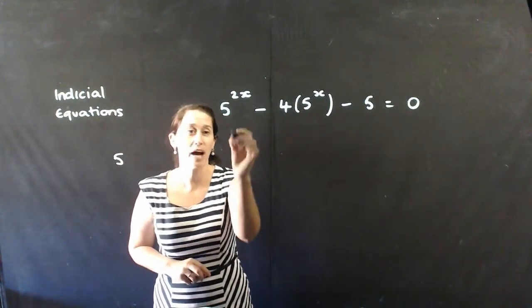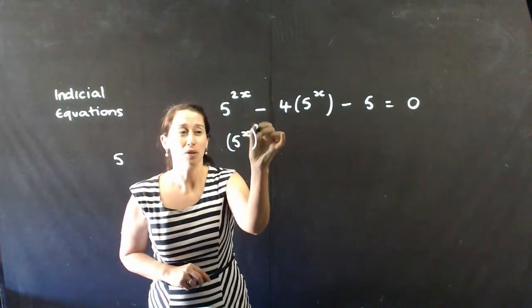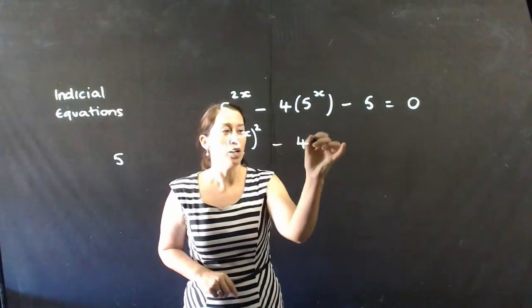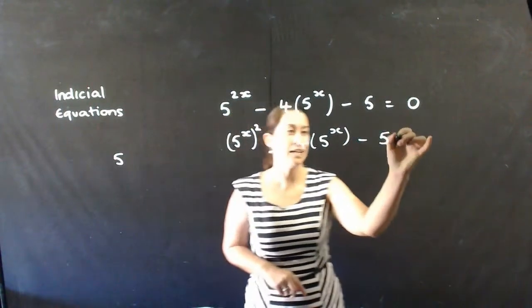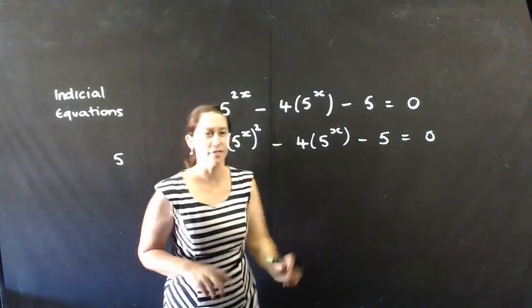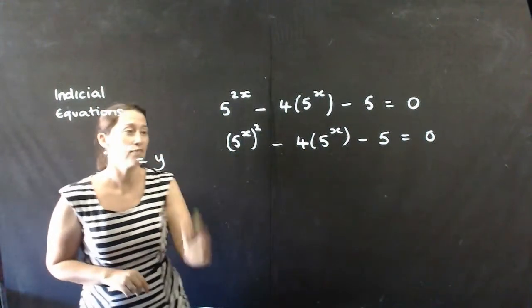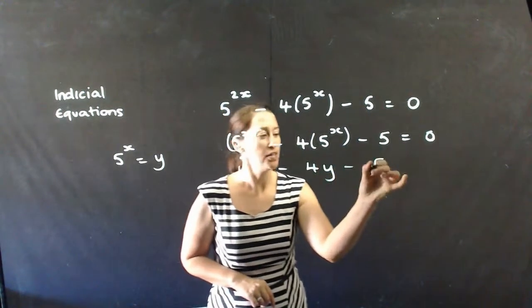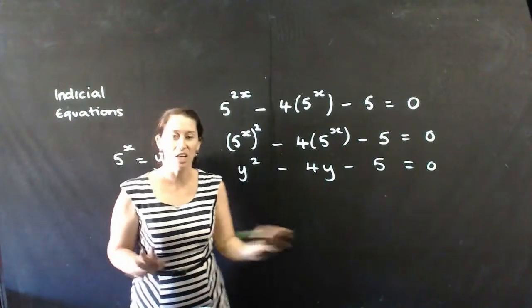Because of the raising a power of a power law, 5 to the x multiplied by 2 is the same as squared. So there's 5 to the 2x minus 4 times 5 to the x minus 5, which is technically no x value. If you substitute 5 to the x equals y, another variable, you've got y squared minus 4y minus 5 equals 0. So straight away you think, right, it's a quadratic, I need to solve that.